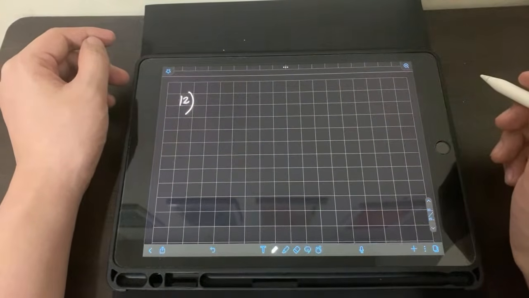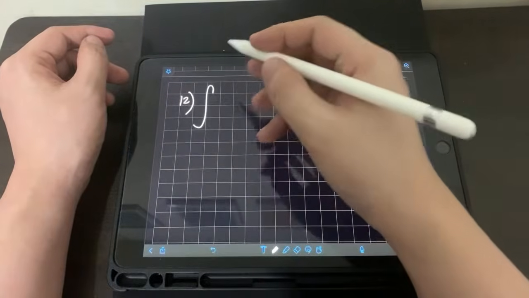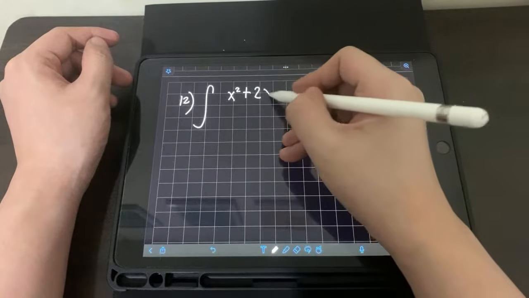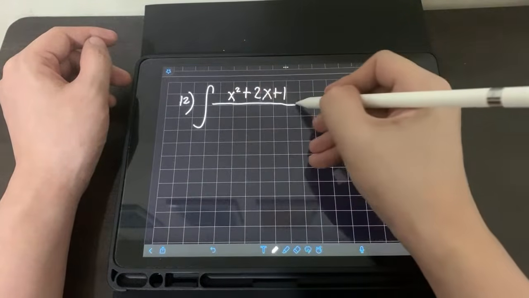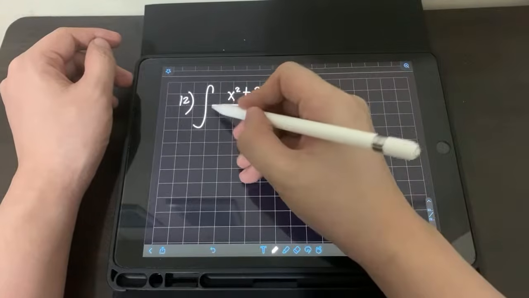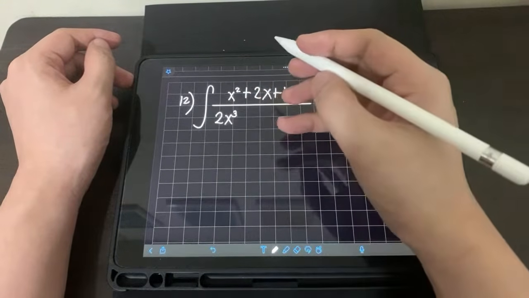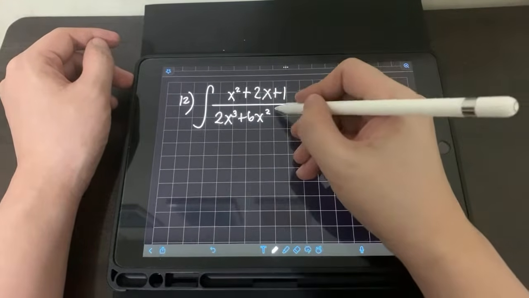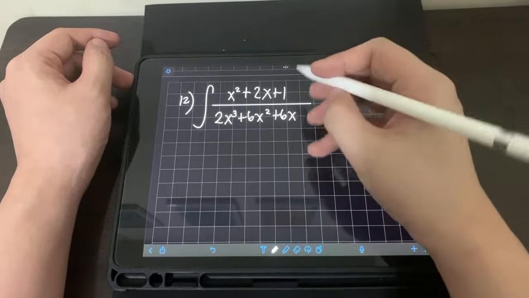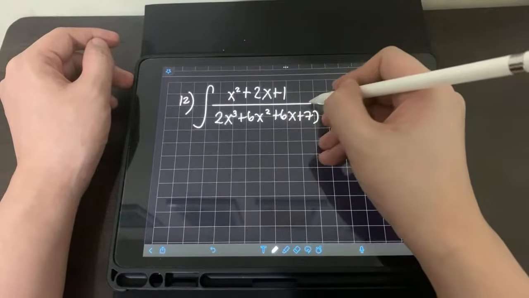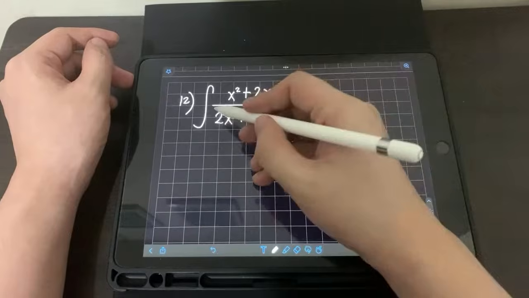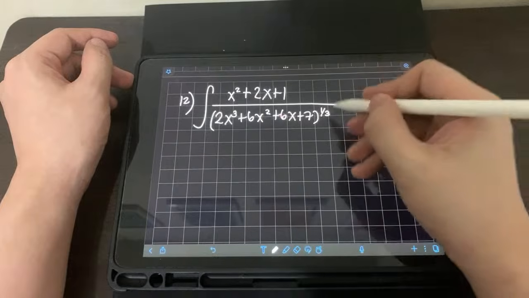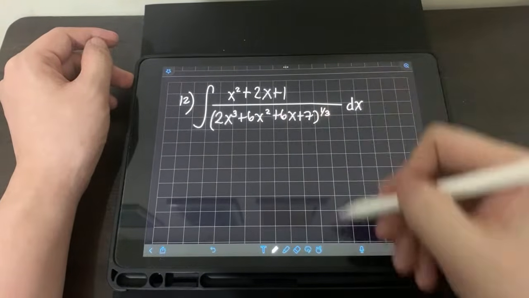Okay, evaluate the integral of x squared plus 2x plus 1 divided by the quantity 2x cubed plus 6x squared plus 6x plus 7 raised to 1/3 dx.